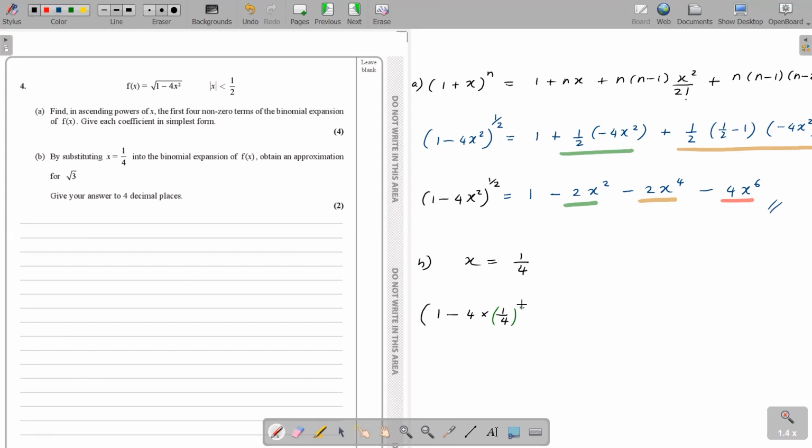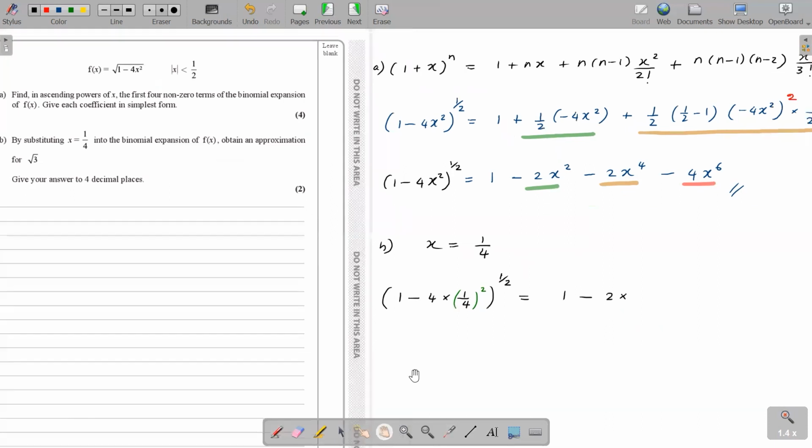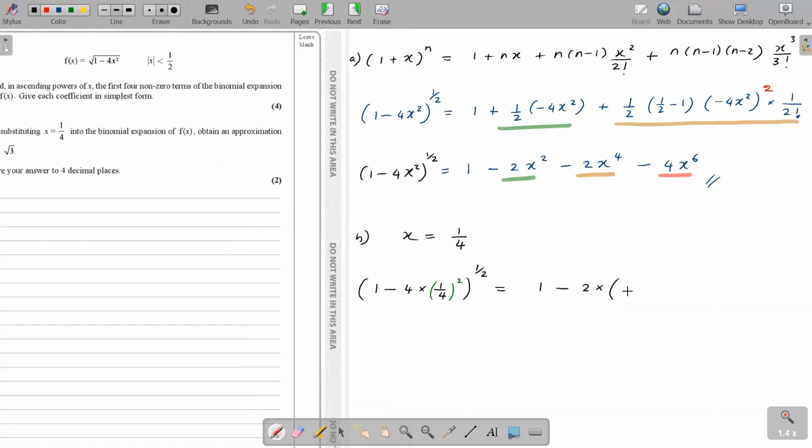So 1 minus 4x squared whole thing to the power half equals the other side, 1 minus 2 times. It's better you show the substitution because you get method marks. Okay, do you hear me? Show the substitution because there's not much to do here. So 2 into x is 1 over 4 squared. Show the working.